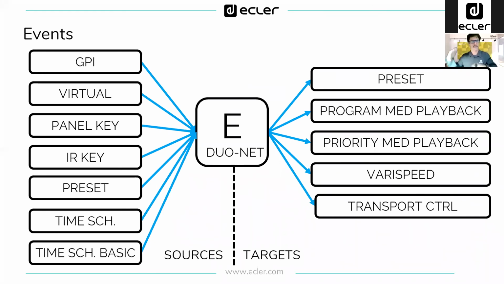So the program will go down and up, and the priority media playback will play at the moment the program is down. Okay. We can change various speeds with some of these sources, and we can change transport control: play, pause, forward, backward.